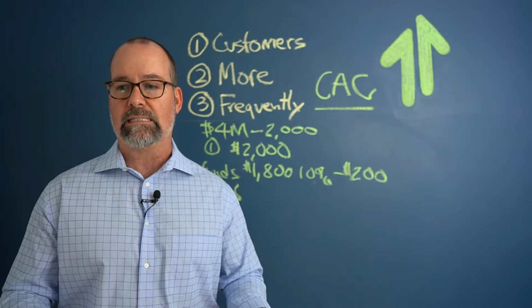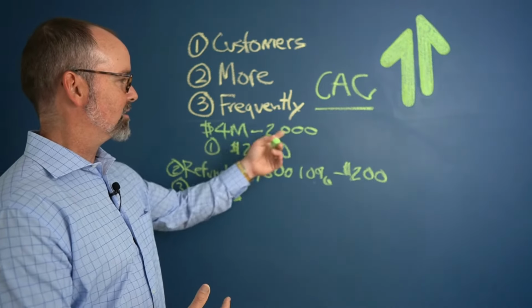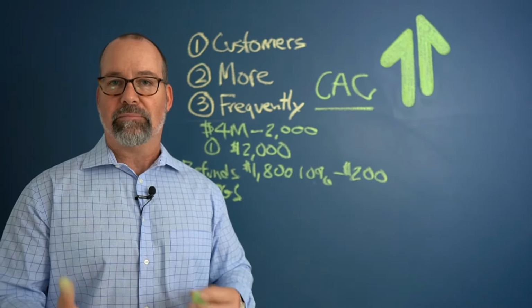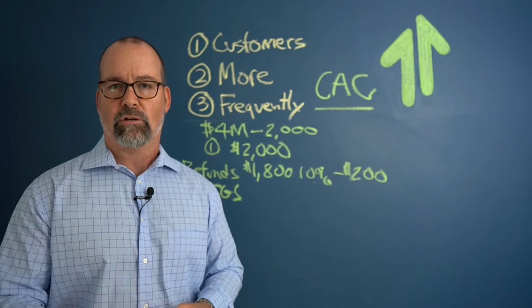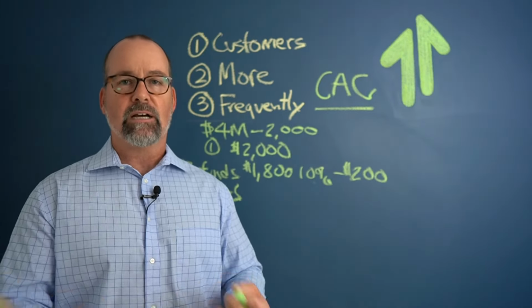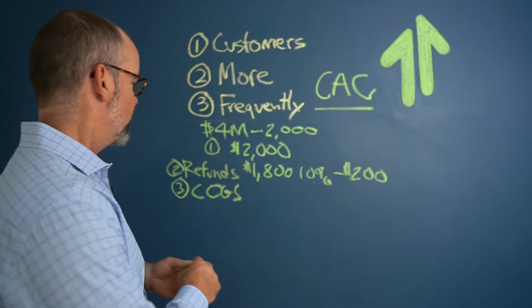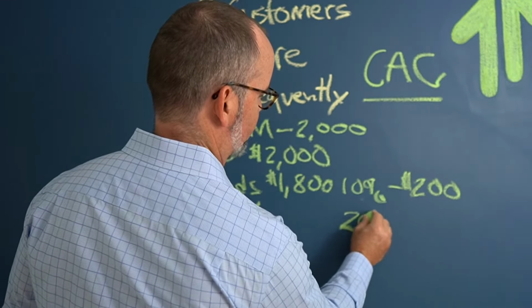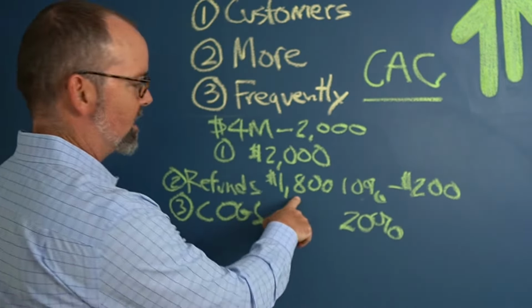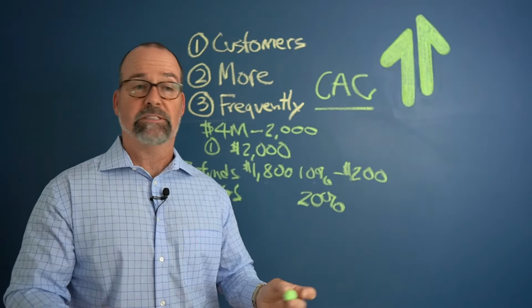So let's use this example here, because this looks to me like an information or digital products company. So this might not be the exact same for your business, but let's just say that cost of goods sold is relatively low here, which is about 20%. So we take away 20% out of our $2,000 figure, and that's $400.